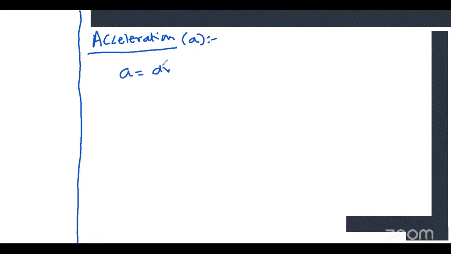Next, similarly, we are having acceleration. Acceleration is defined as a equal to dv by dt, that is nothing but rate of change of velocity. So I can say final velocity minus initial velocity by final time minus initial time.